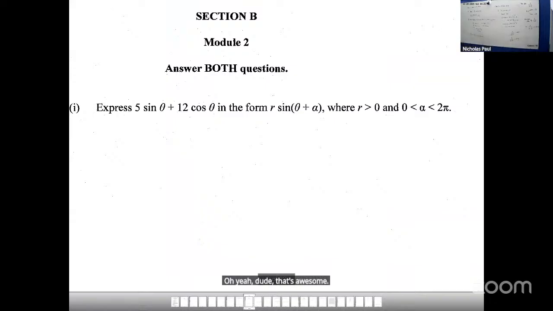Do that quickly and have the next part. We almost done. We got one more. We done. Come on.